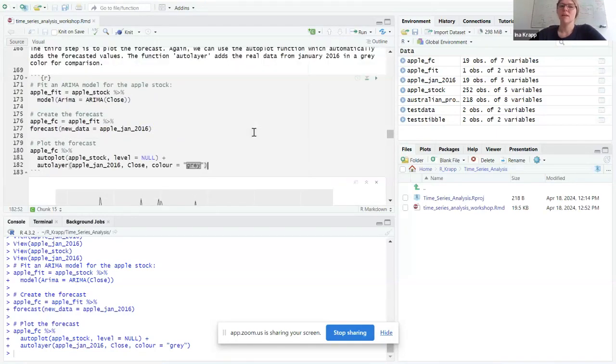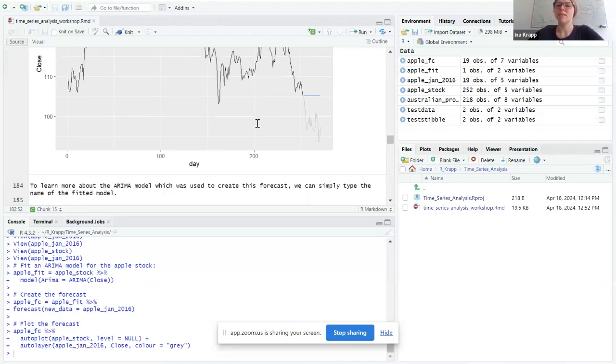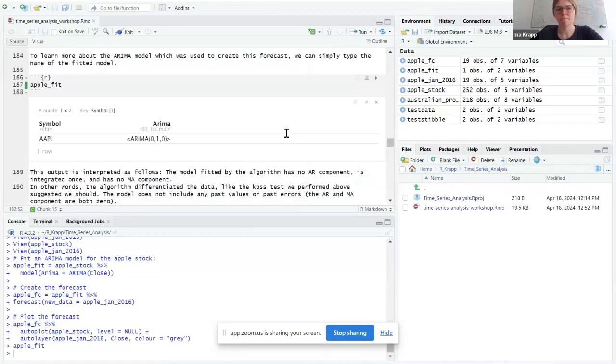So even though the algorithm is quite good at fitting this ARIMA model automatically, it does not necessarily mean that it will be able to give a very accurate forecast. And to understand better why that is the case, I think it's important to take a look at what the ARIMA model looks like. We can simply do that by typing its name here.